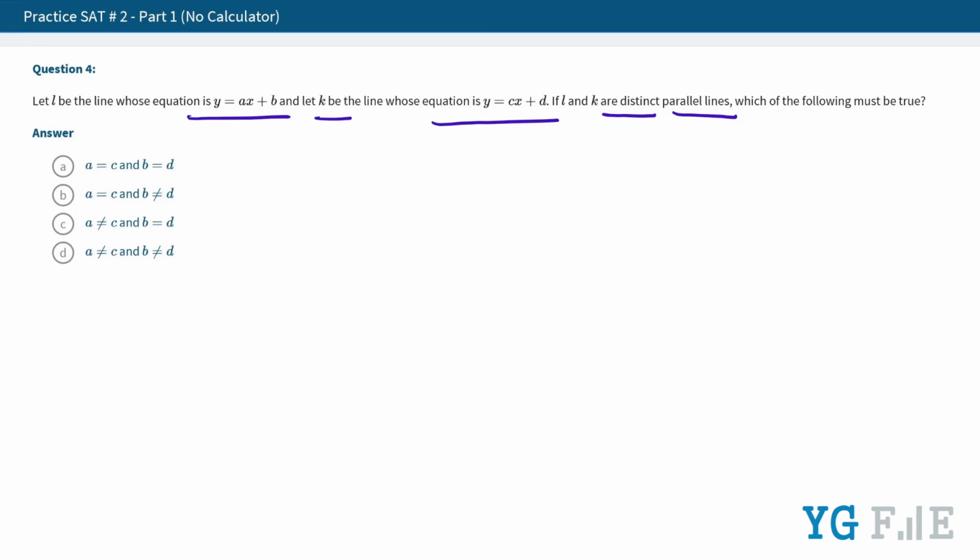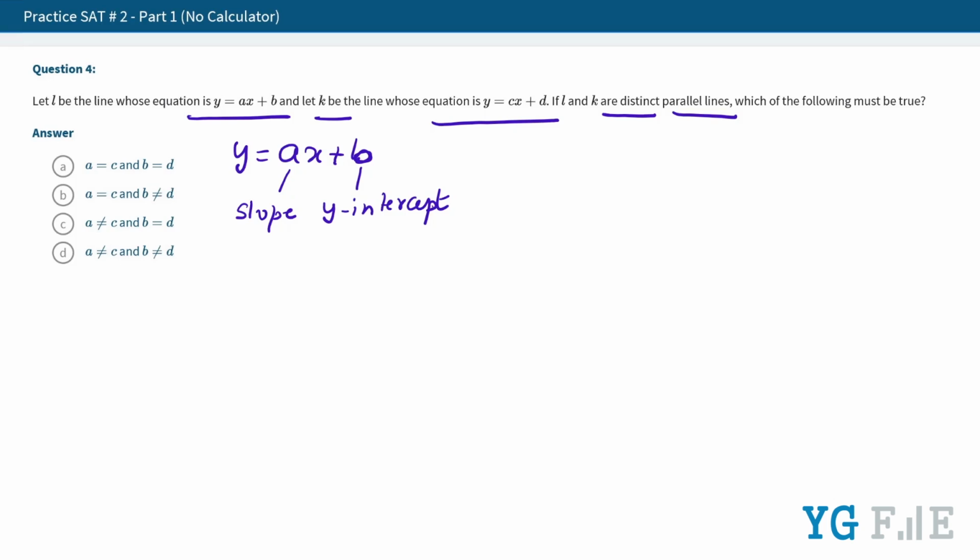Inspecting the answers, we see that this question requires us to find some relationship between the slopes and the intercepts of the two lines. So let us first recall that for any given line y equals ax plus b, the coefficient of x, a, represents the slope of the line and b represents the y-intercept.